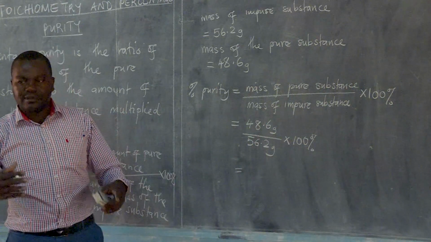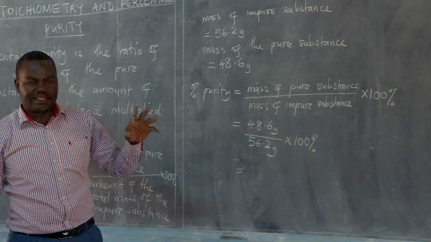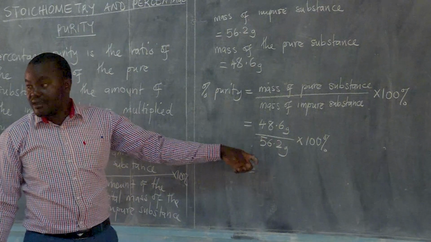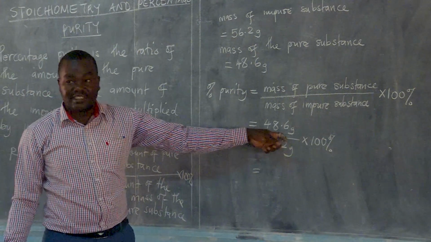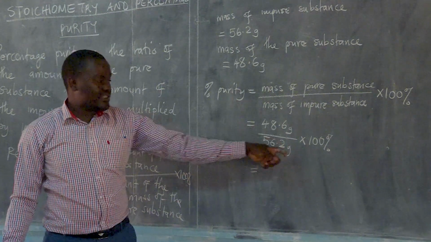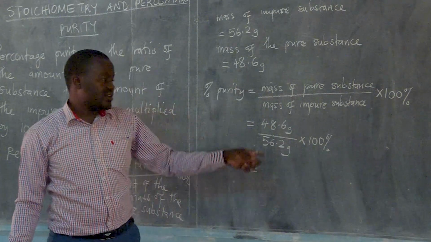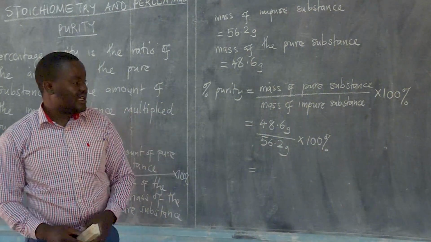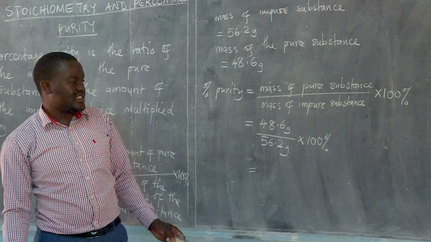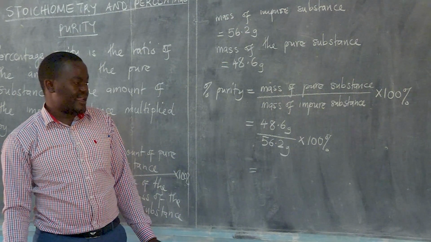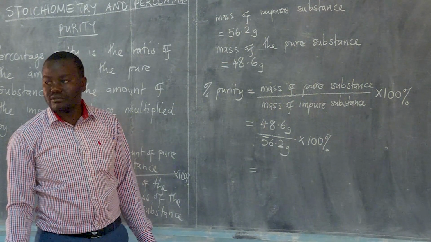So now from your mathematics, what must you work out? We have to first divide, not so? Yes. That's when you can do the multiplication. So what is 48.6 divided by 56.2?